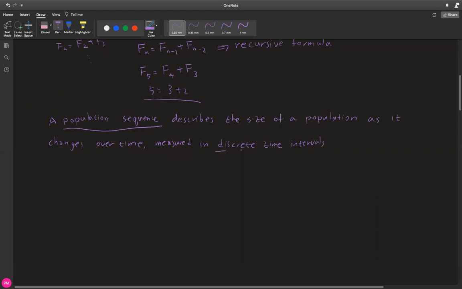So here discrete means countable. It's the same meaning. The opposite word would be continuous.